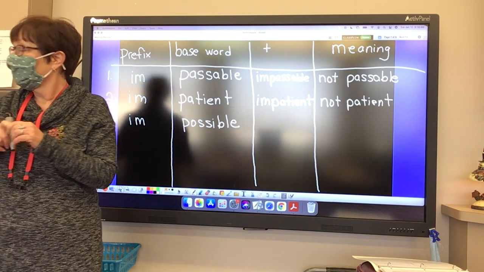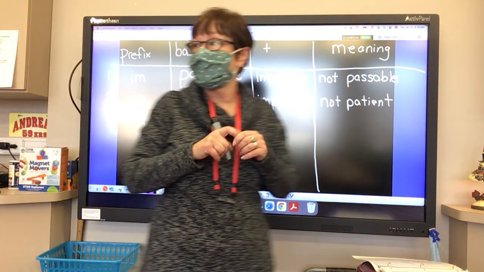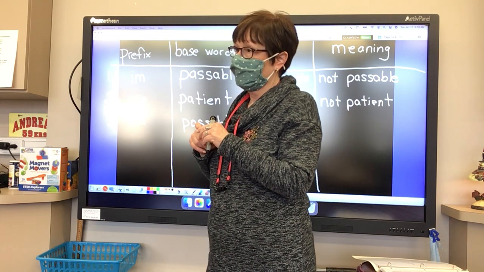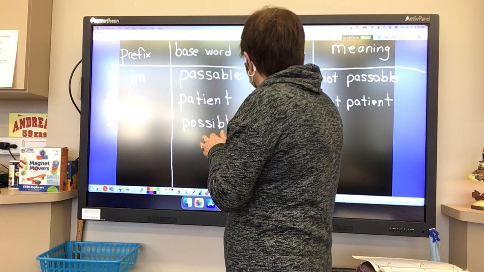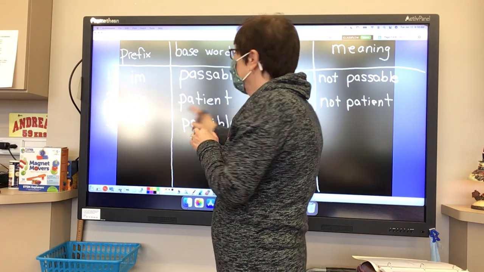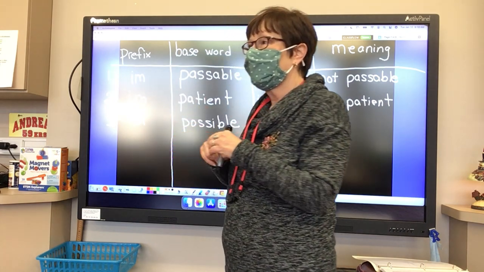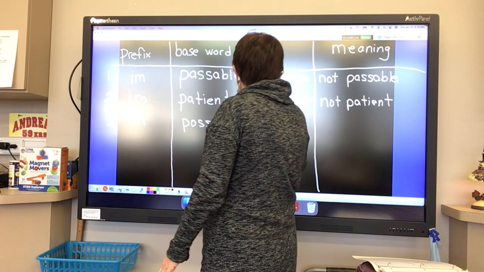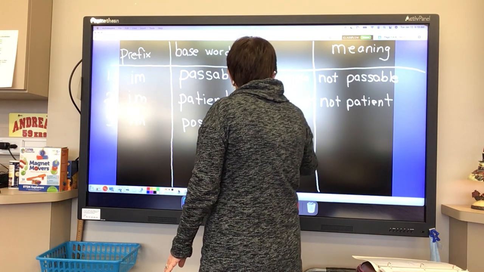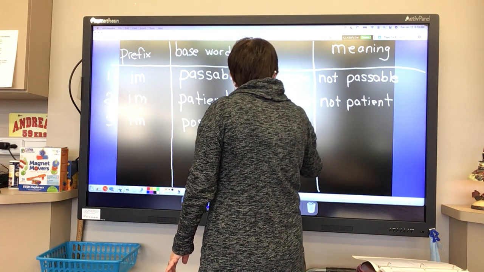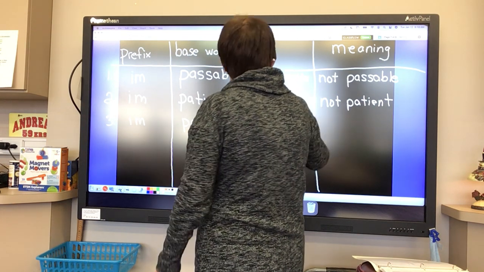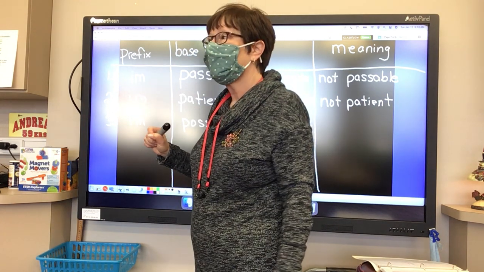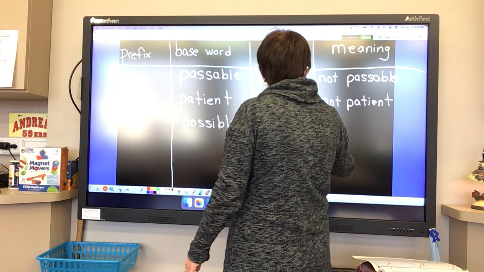Possible means that you can do something. So what would it be plus im? Im plus possible is impossible. And so what is our meaning of impossible? Not possible.